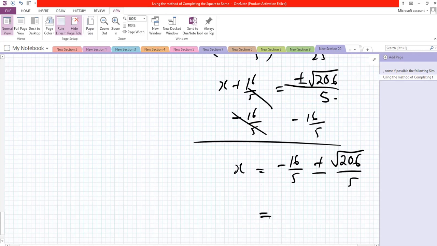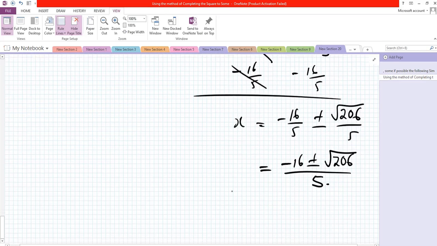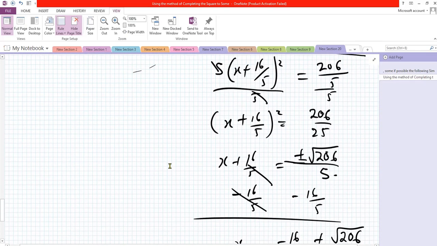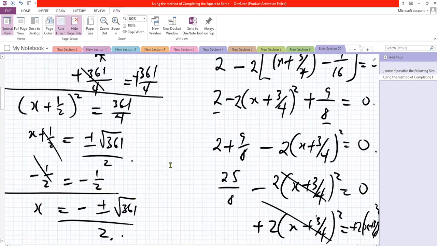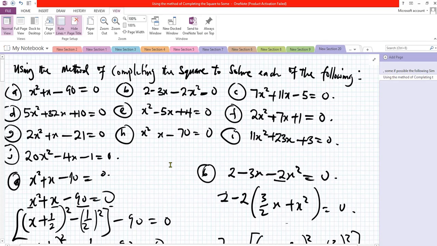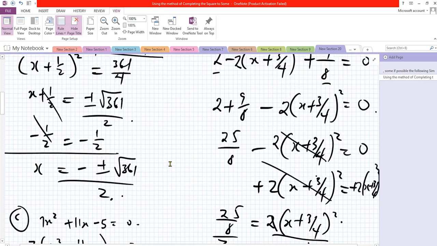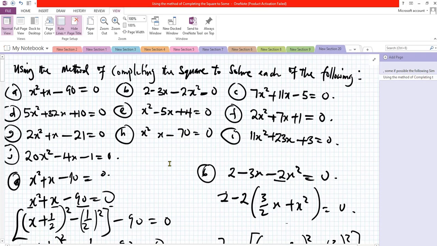So your answer, you're left with minus 16 plus or minus square root of 206 all over 5 for x. That is equation D. So the next one we have E.